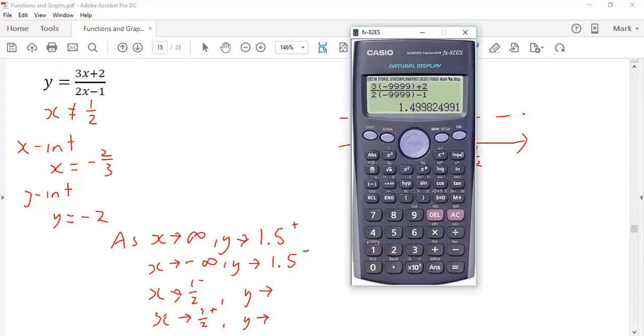So let's go back to our calculator. We know a half is 0.5, so we want a number that's really close to 0.5. So I'm just going to put 0.5 and then 0.001.